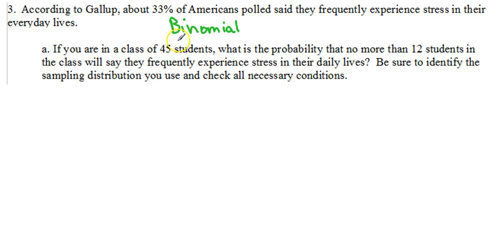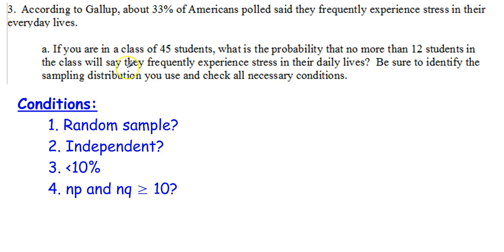In order to do that, we need to check a few things. This is where the conditions come into play. Check all necessary conditions, and then we'll get to the sampling distribution next. So we want to check the conditions necessary to estimate the binomial distribution with the normal distribution.